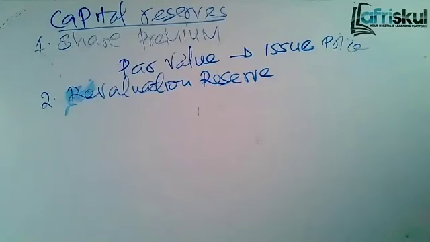When you engage a revaluer and he values the land at either a value that is higher or lower, you take the difference to the revaluation reserve. So basically, those are the parts of the capital reserves that we need to be aware of.